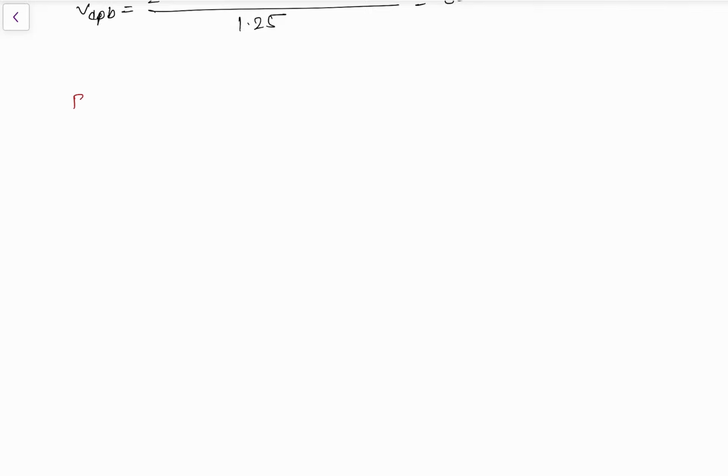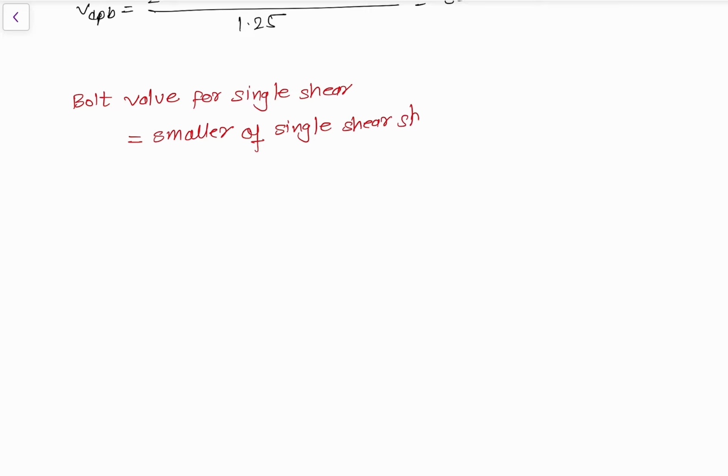The bolt value for single shear is equal to the smaller of the single shear strength VDSB and the bearing strength VDPB.